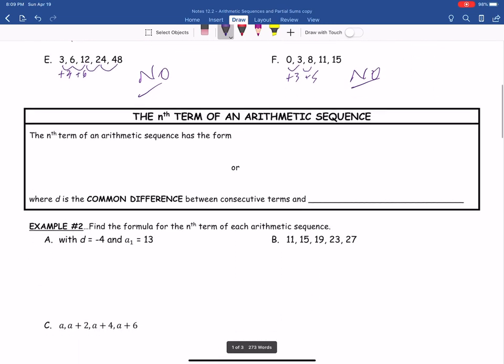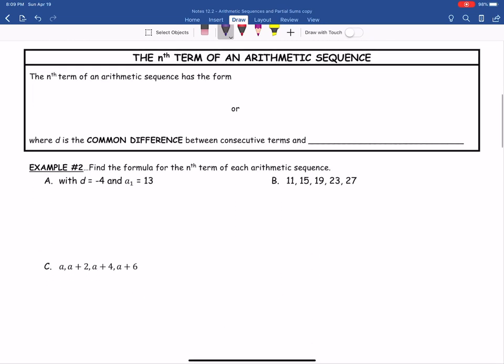Okay? All right, so just like we had done in the past, this is probably one of the harder things that we've done, is finding the general term, or general definition, I should say, for a sequence. So we're going to kind of lock it down for you here. When we're talking about an arithmetic sequence, basically what you're going to need is a starting point, okay?